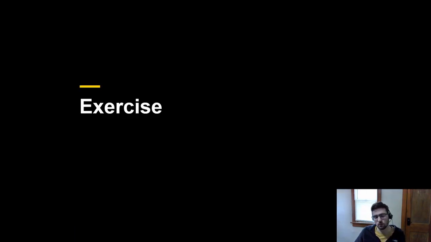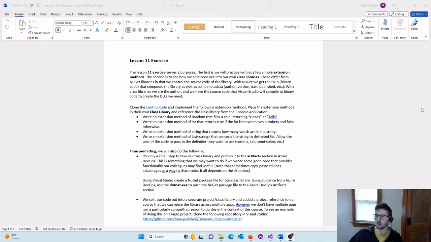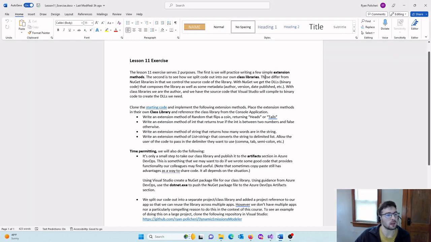Okay, so with that, we will move to the lesson 11 exercise. Okay, so here is the description of the lesson 11 exercise. The goal of this exercise is to, for one, write a few extension methods just to get some practice with that, as well as to see how we can split our code out into class libraries.